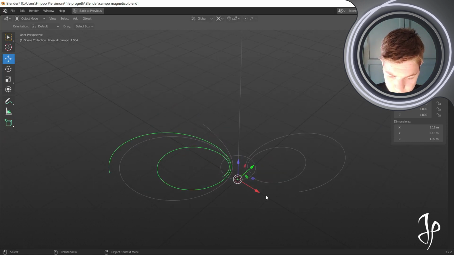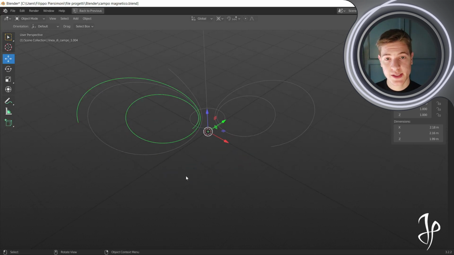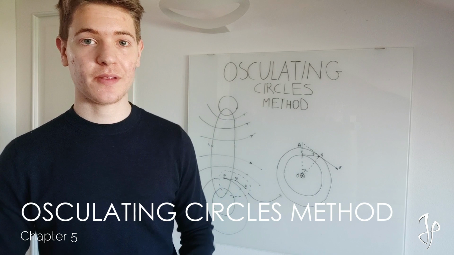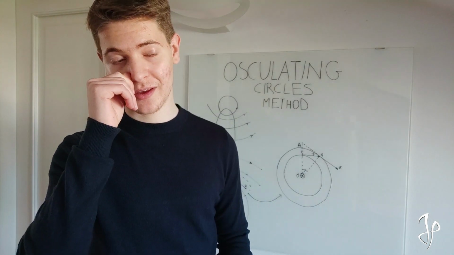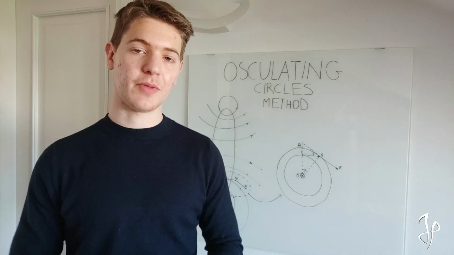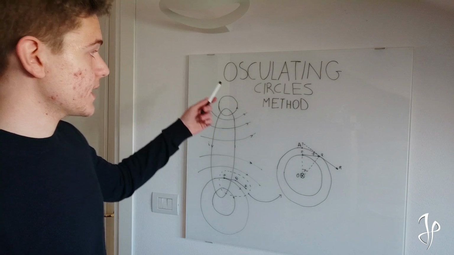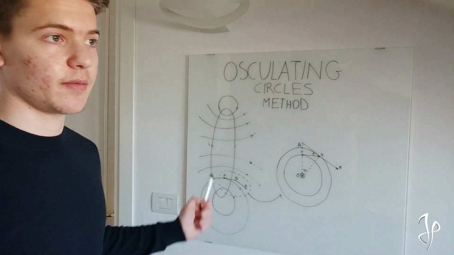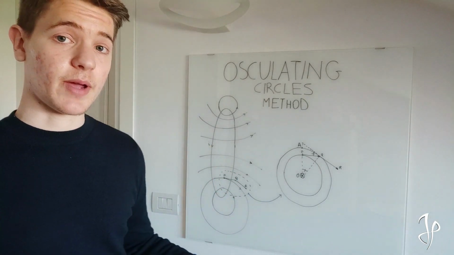Yeah, I think that this was all for this chapter, and let's move to the second method. So let's talk about the osculating circles method, which I personally consider as one of the greatest intuitions behind the project. So this is the second method I implemented, and of course it comes after the elementary method.